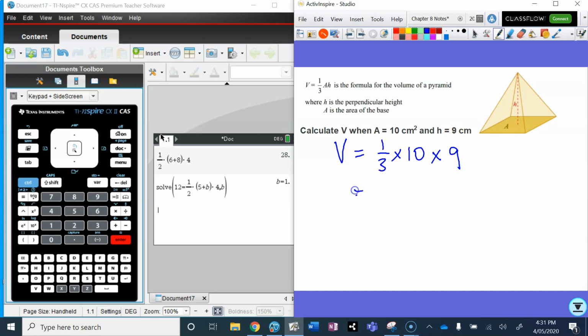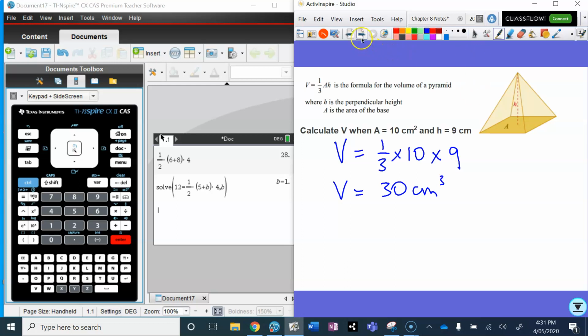Okay, so straightforward calculation, 1/3 of 10 times 9, 1/3 of 90 basically is 30, and it's volume, so it would be centimetres cubed. So again, quite a straightforward calculation if we're trying to calculate the subject of this formula.